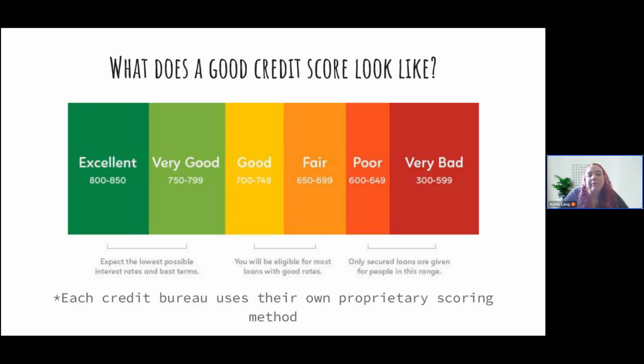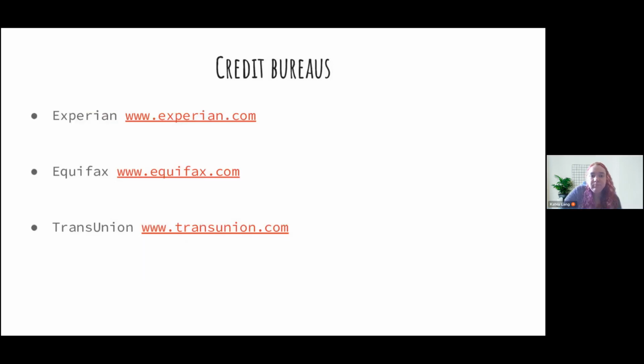So if you're good to fair, you will be eligible for most of those loans, but they will give you probably some more steep interest rates. And then if you're poor to very bad, they'll either offer you an extreme amount of interest, or they just won't offer it to you at all.